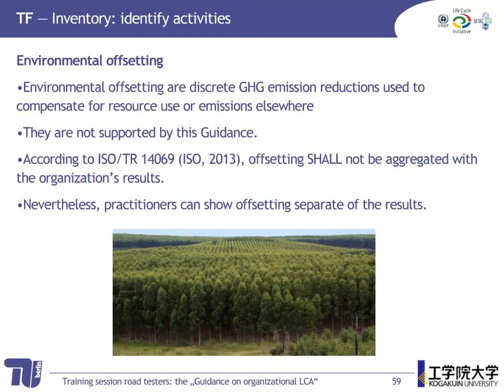And finally, regarding the activities, also mention that environmental offsetting activities are those activities that try to compensate resource use or emissions that are occurring at the company's site. These activities are trying to reduce emissions in another place to compensate the company's own impact. These types of activities are not supported by this guidance and shall not be aggregated with the organization results.